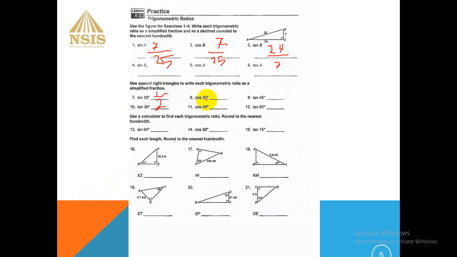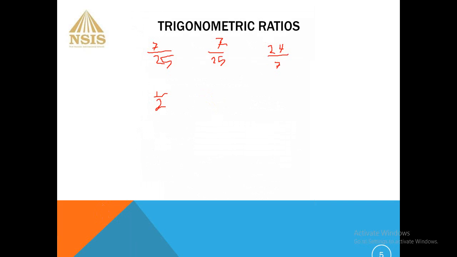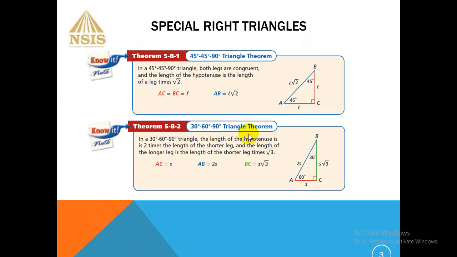Okay. Cosine 30. We can return back to our triangle again. Cosine means adjacent over hypotenuse. So it's S square root 3 over 2S.